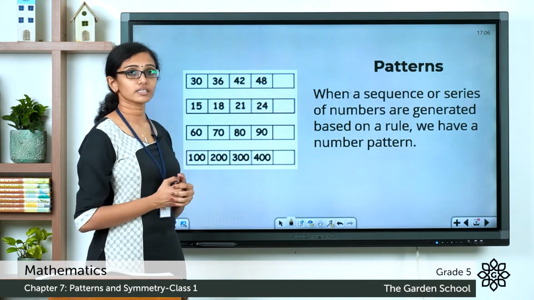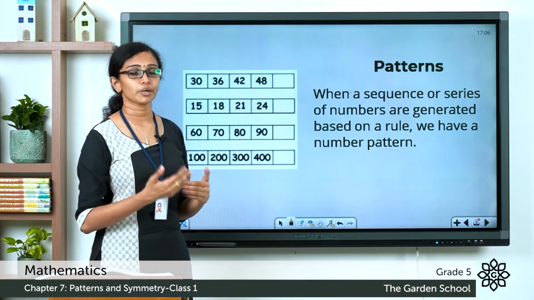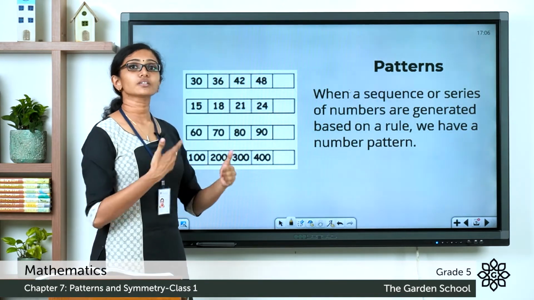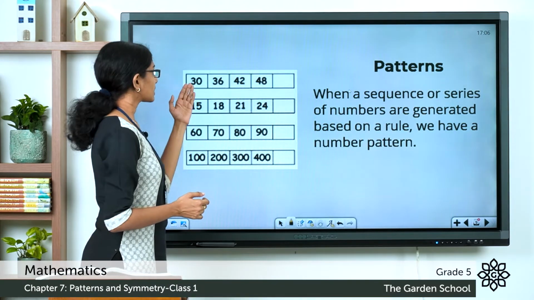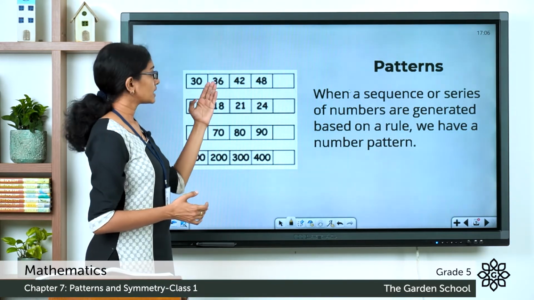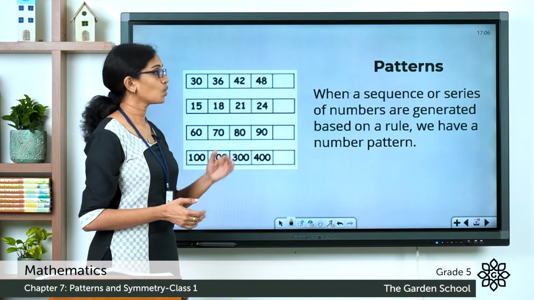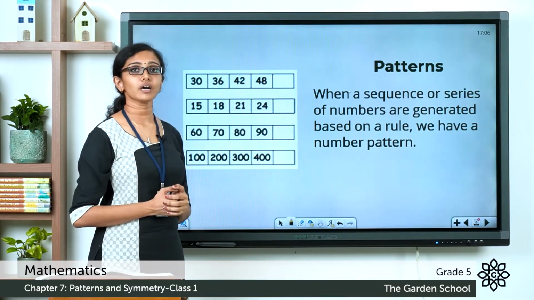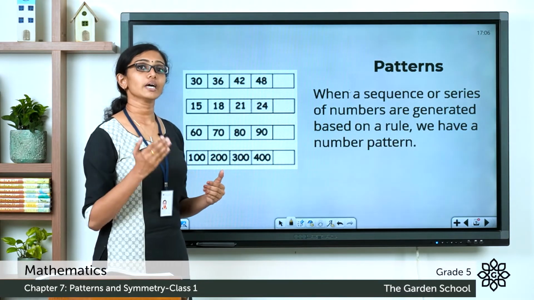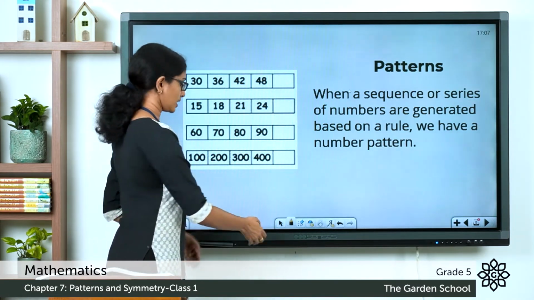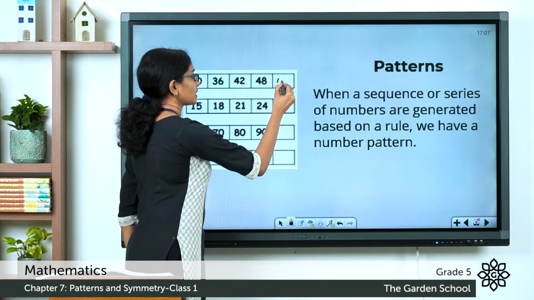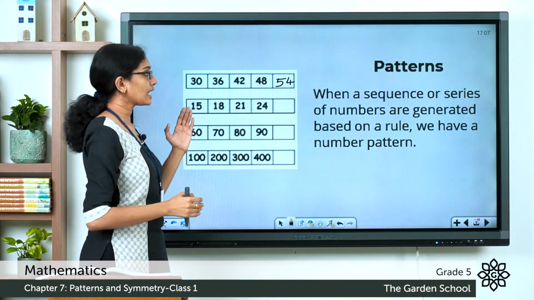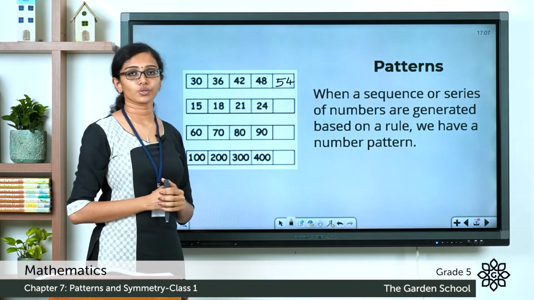In the first sequence, 6 is added to each number to get the next number. 30 plus 6 is 36, 36 plus 6 is 42, 42 plus 6 is 48. And what could be the next number? It should be 48 plus 6, which is 54. And the next number would be 54 plus 6, and the sequence goes on.